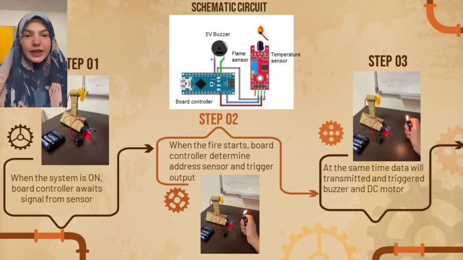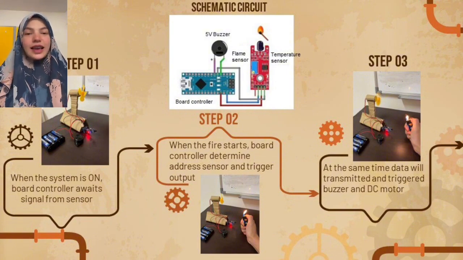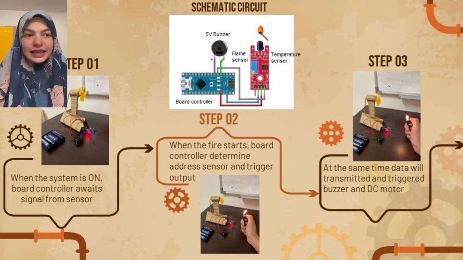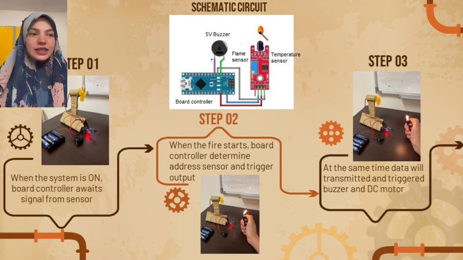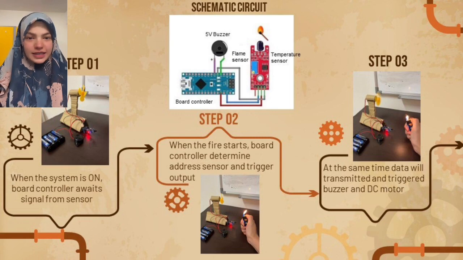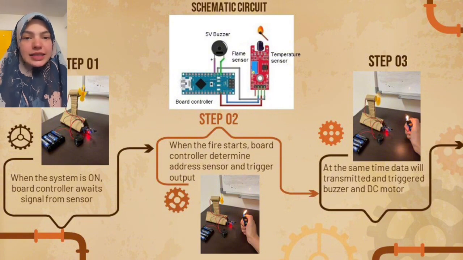Next, I'm going to explain the operation of our project. First, the schematic circuit consists of electronic and electrical components such as board controller, flame sensor, temperature sensor, buzzer, and DC motor. Step 1. To turn on the system, a 6 volt battery is needed to supply the circuit.